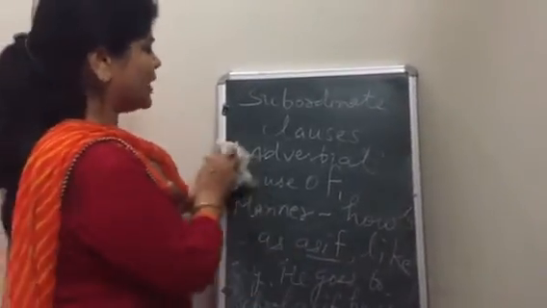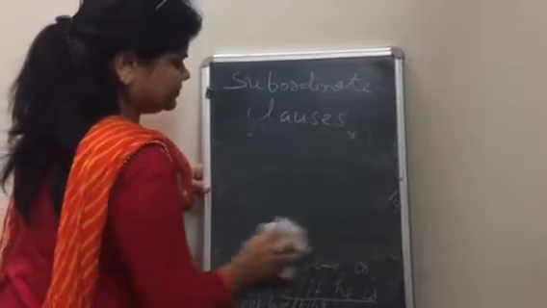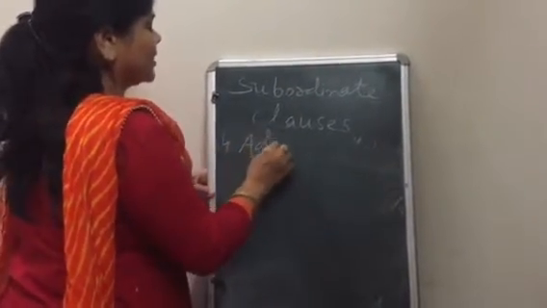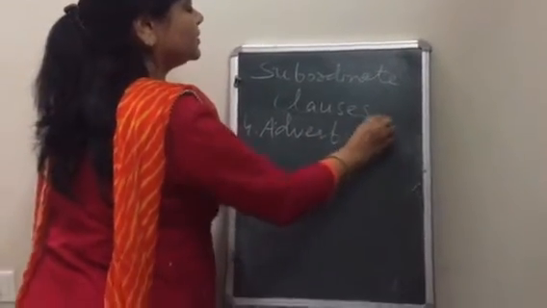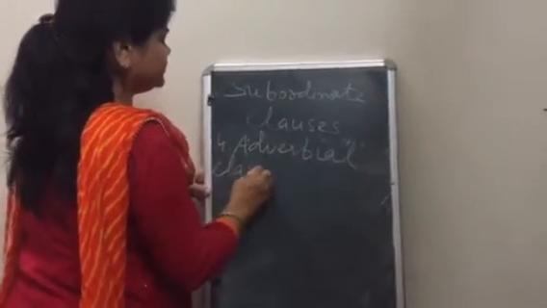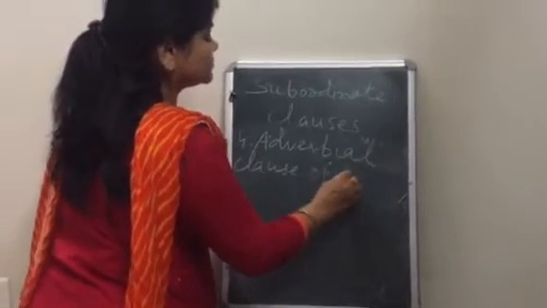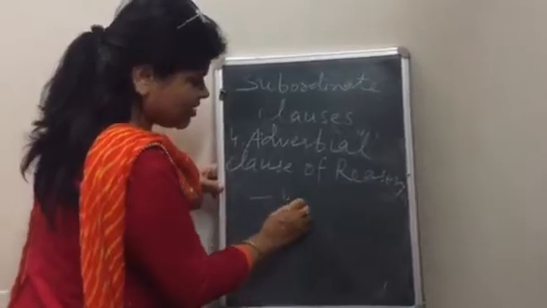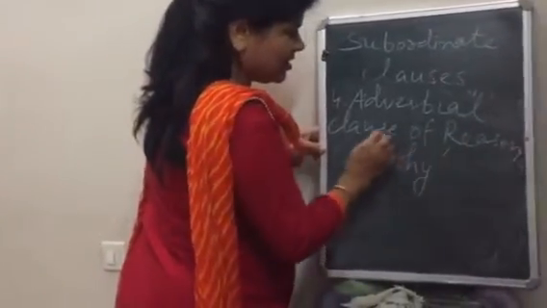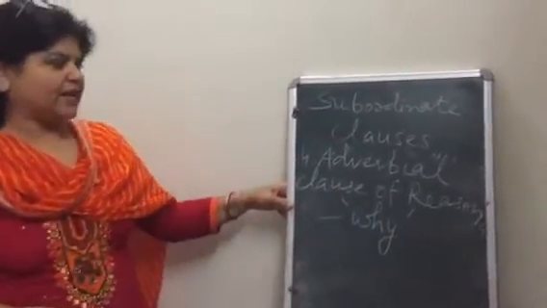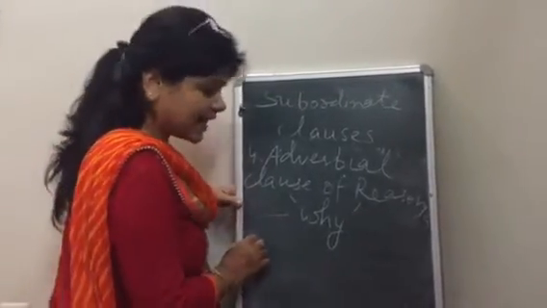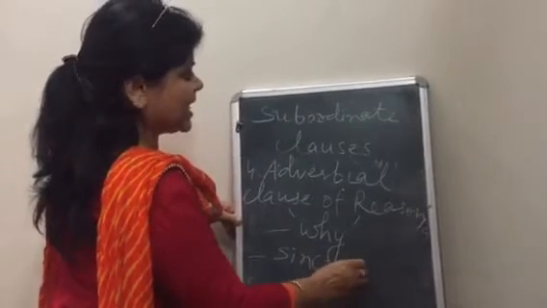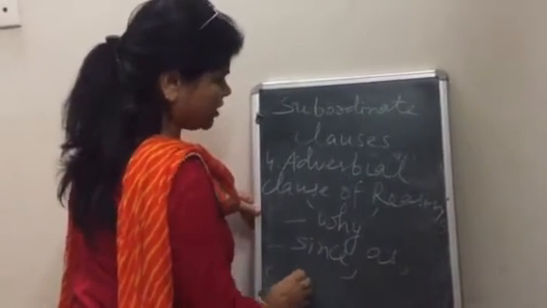Fourth is adverbial clause of reason. It answers the question why the action happened, and the adverbial connectors are since, as, or because.